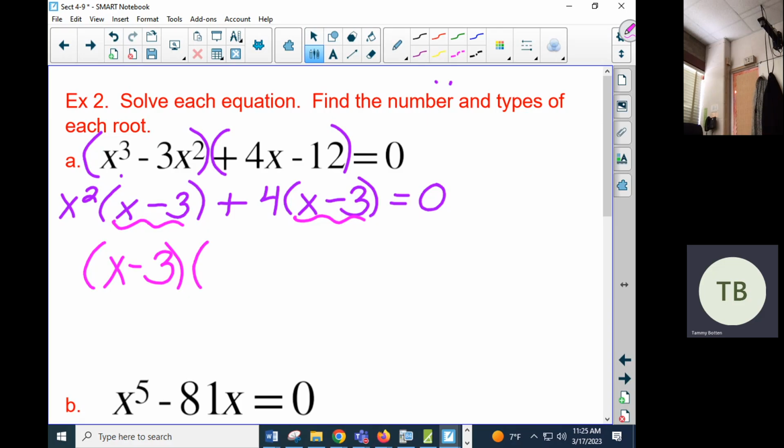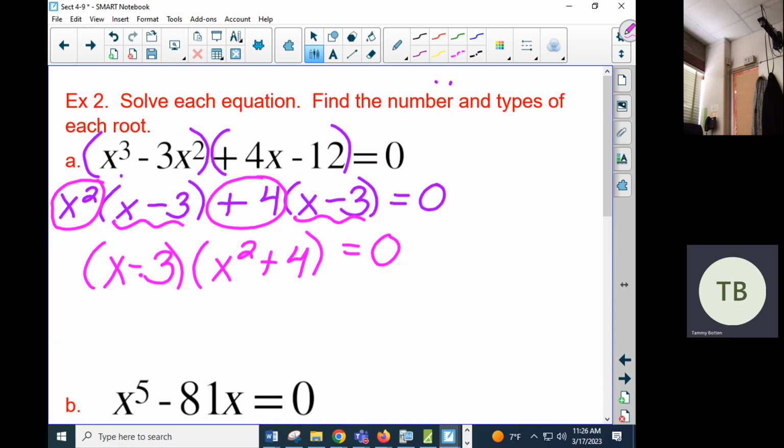Then what you do is you take what is in front of this parenthesis and what is in front of this parenthesis with the sign, and I write that down. So I'd have x squared plus 4, and that equals 0. I take what's in front of here and put it here, and then plus 4 goes here.